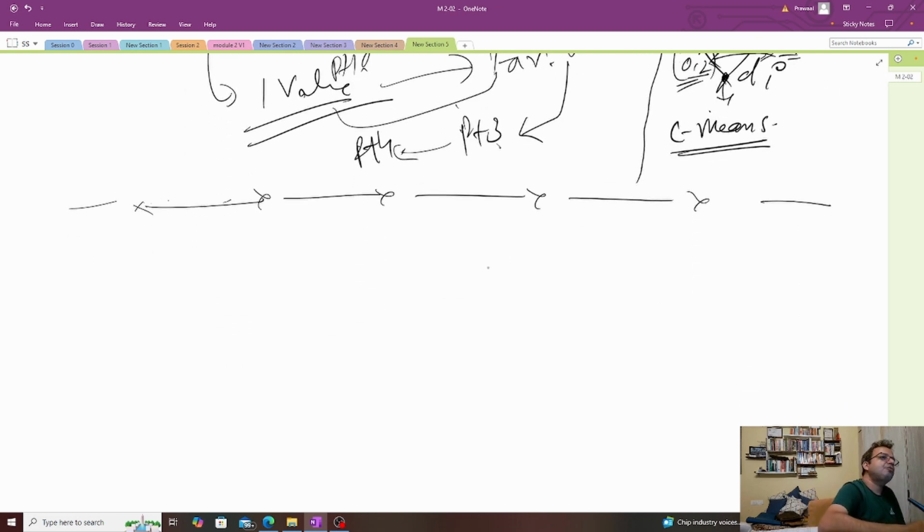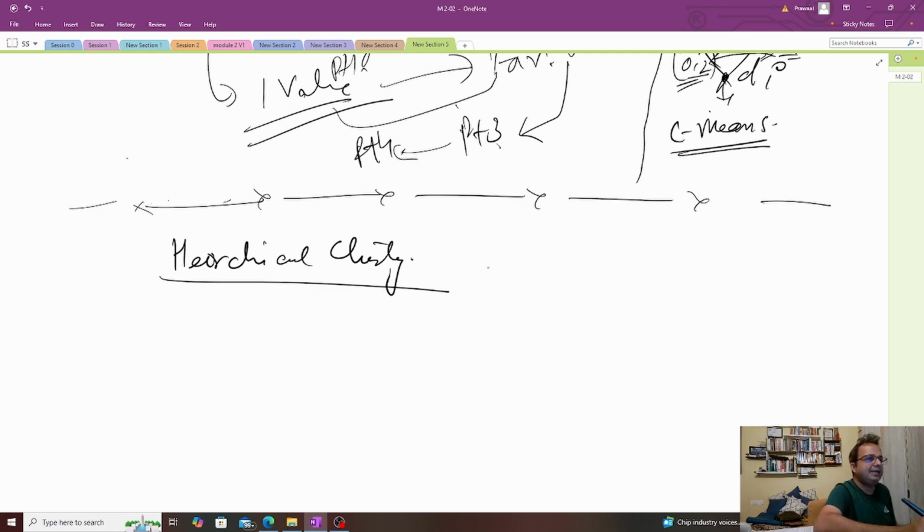So let's move from k-means to hierarchical clustering. As the name suggests, in hierarchical clustering, we create a hierarchy of data points coming together to build clusters. Hierarchical clustering can be of two types: one is bottom up and the other one is top down.